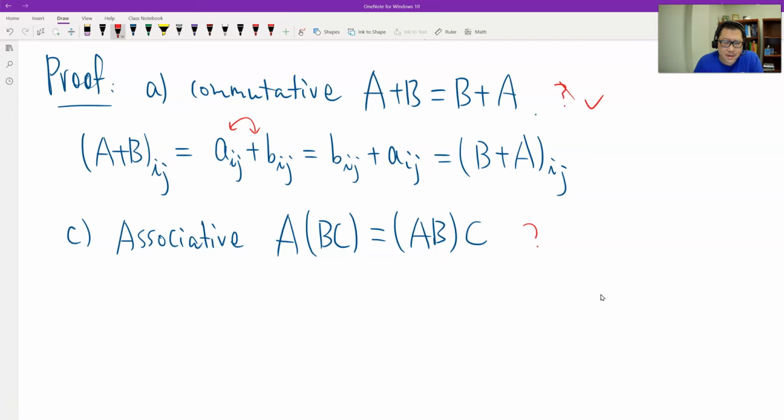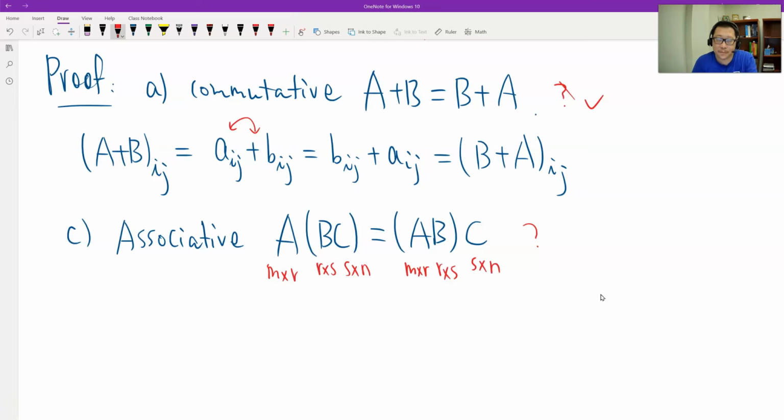Suppose A is M by R. So B should be R by something, because we see A times B. Let me say it's R by S. Is that okay? And then B is R by S, so C should be S by something. Let me say N. So C is S by N.